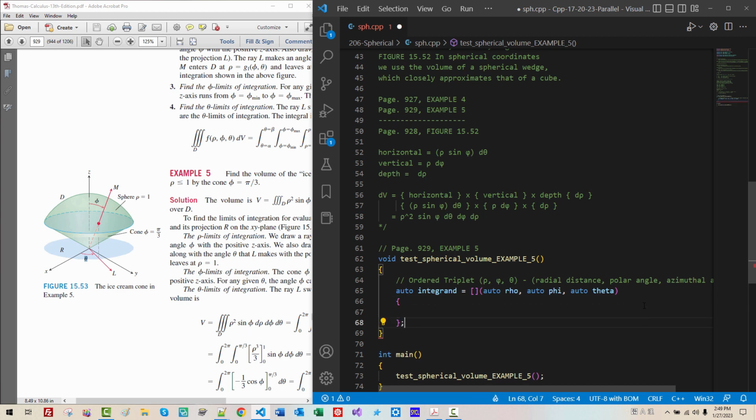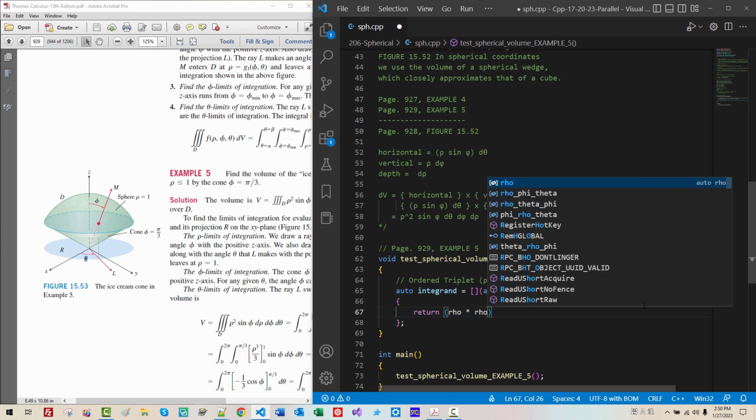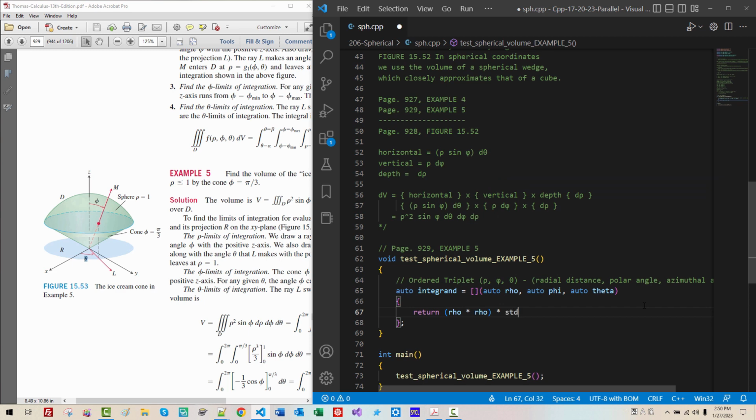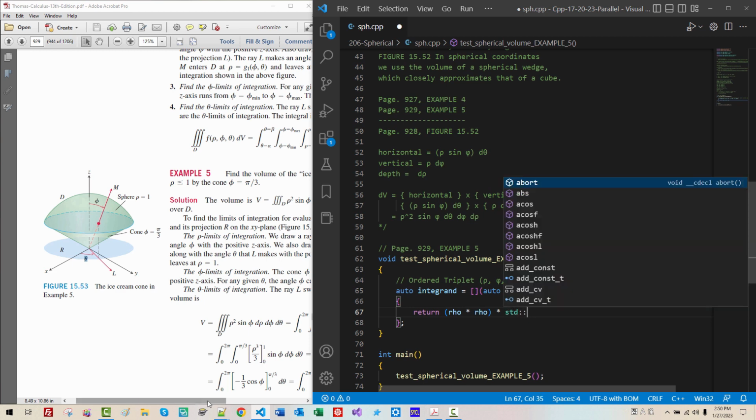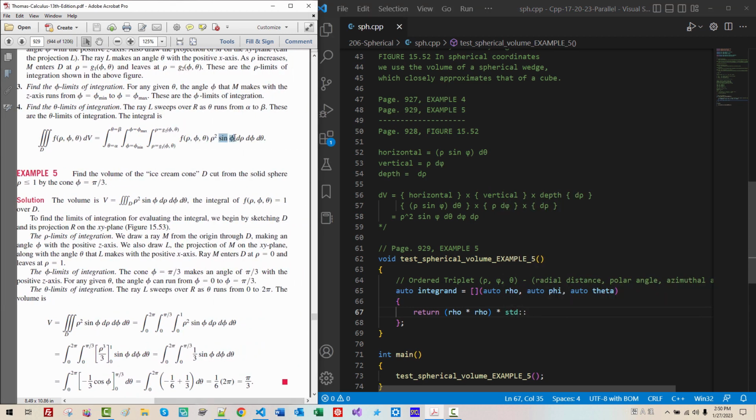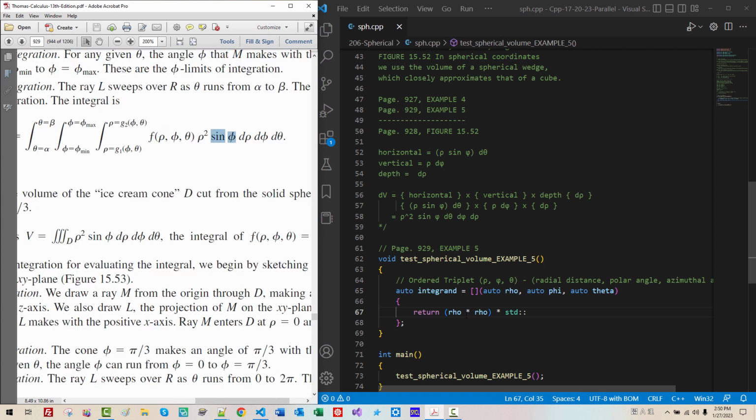Now, semicolon. Return, the volume element is represented as rho squared times sine phi. If you do not remember, reference this.